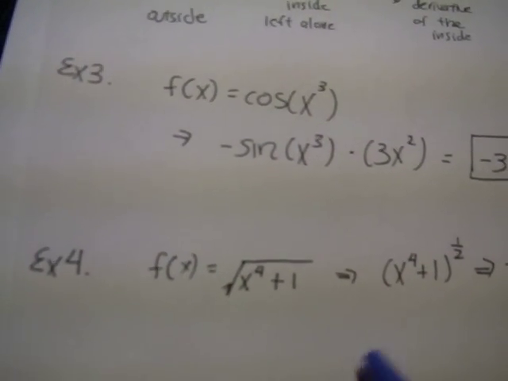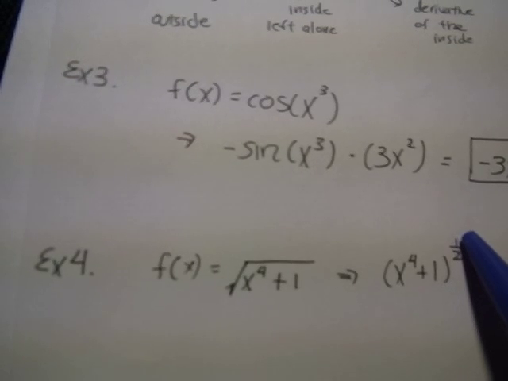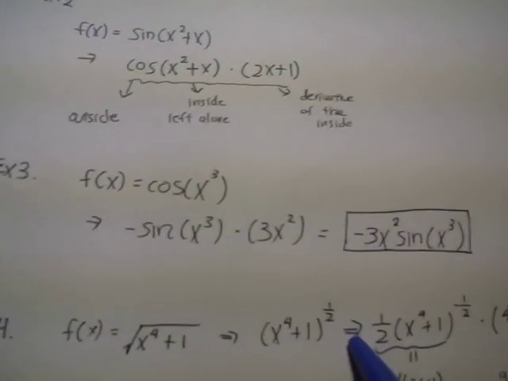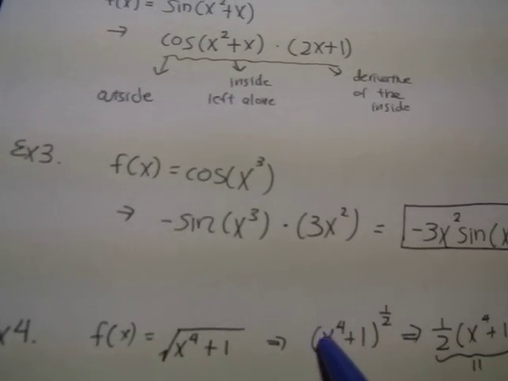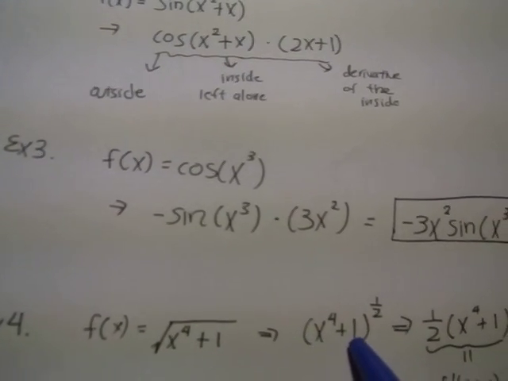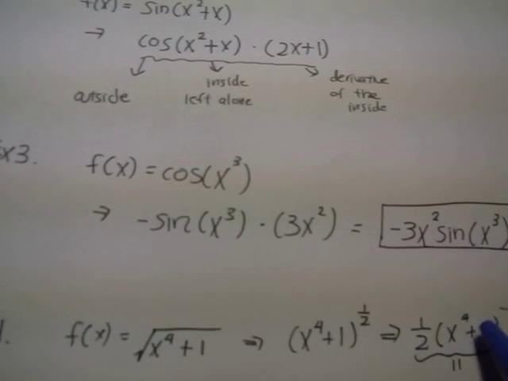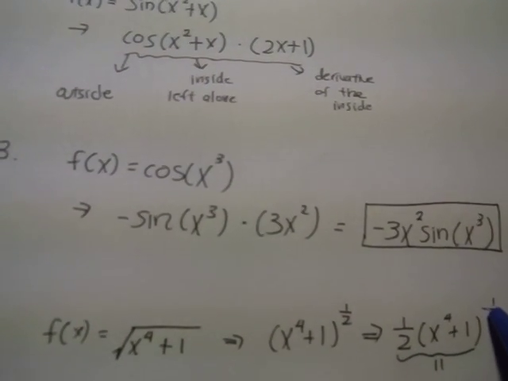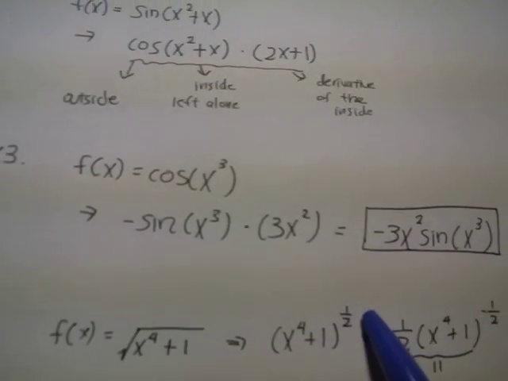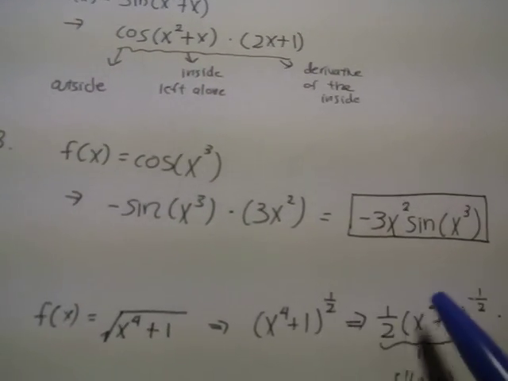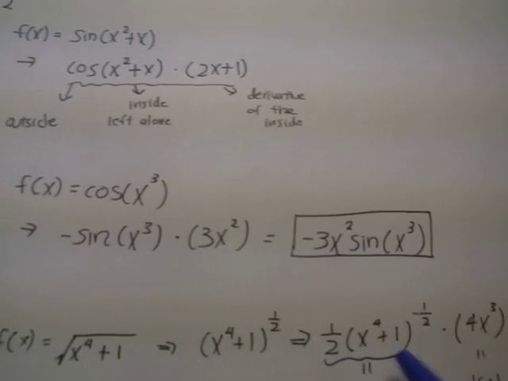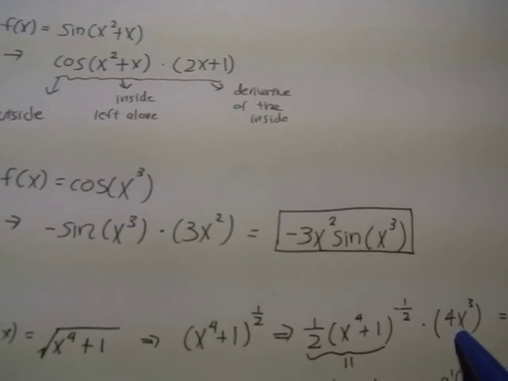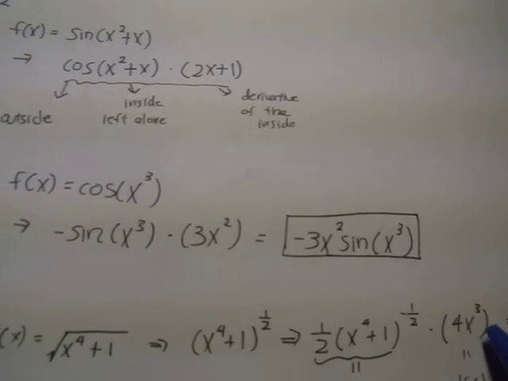So again, taking the derivative of the outside function by using the power rule, that will give us 1/2 times the inner function left alone, x to the fourth power plus 1, to the negative 1/2 power, because 1/2 minus 1 according to the power rule, times the derivative of the inside function, which would be 4x cubed.